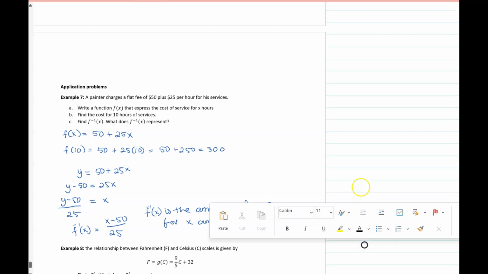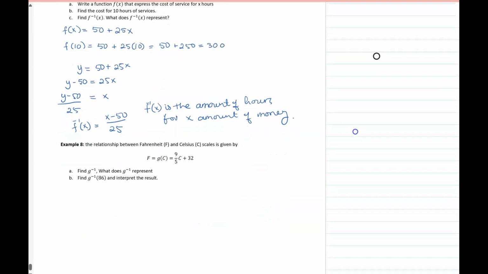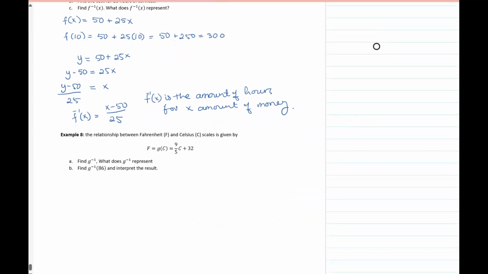Let's take a look at the relationship between the Fahrenheit and Celsius scales. It is given that the Fahrenheit temperature equals g of C, that is 9/5 times C plus 32. Let's find g inverse. So F is equal to 9/5 C plus 32.